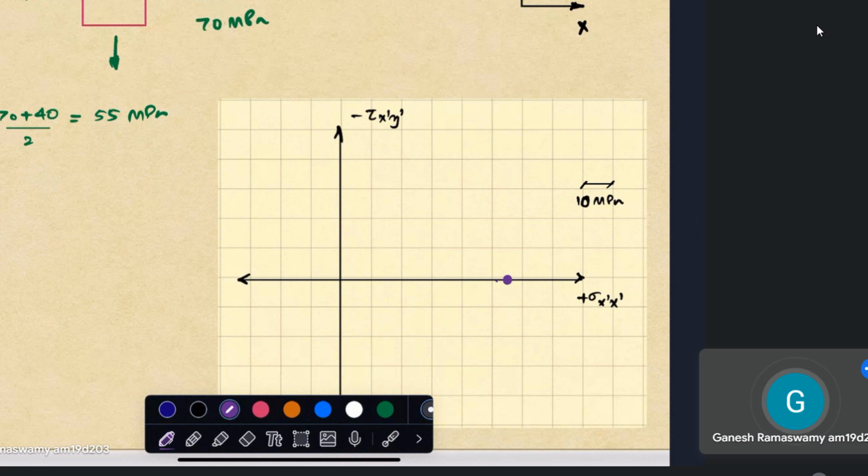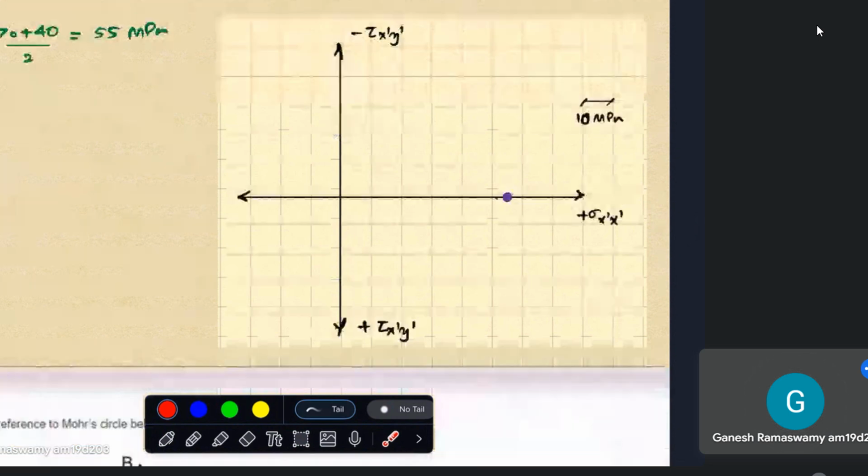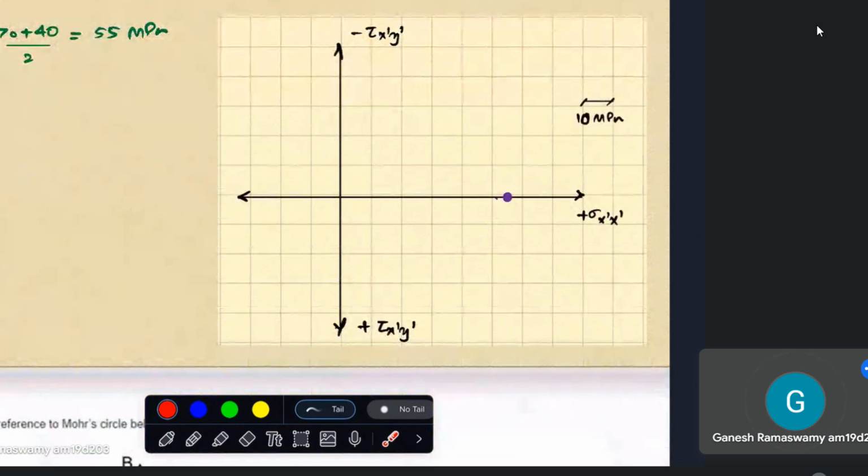And then I have the x plane. On the x plane, normal is positive 70. There is no shear. So the vertical axis value is 0. The horizontal axis value is over here. So this is my x plane.